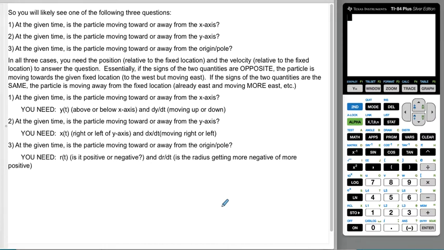In all three cases, you need the position relative to that fixed location, the velocity relative to that location, and then essentially the sign of those quantities being opposite means the particle is moving towards whatever the location is, right? So you're to the west but moving east. If the signs are the same, then you are moving farther from the fixed location because you are already east and you are moving more east, etc. So that's kind of the idea. So let's go ahead and walk through two examples of that in polar, like an example and a practice problem, and that'll be it for our video.